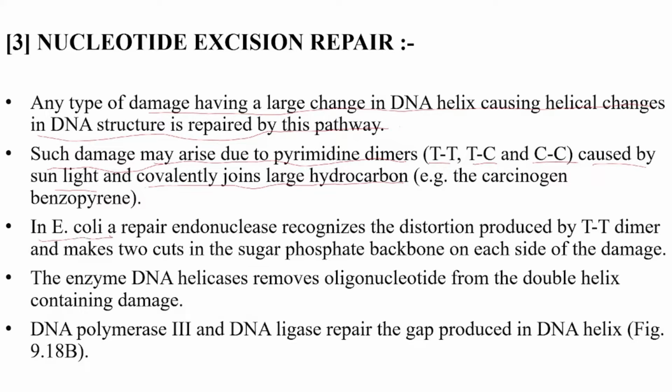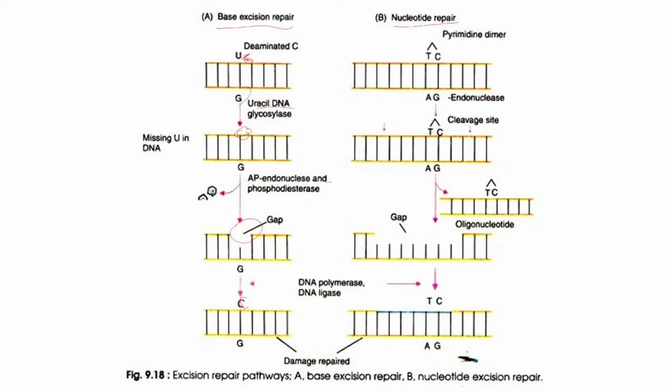In E. coli, a repair endonuclease recognizes the distortion produced by the TT dimer and makes two cuts in the sugar phosphate backbone on each side of the damage. The enzyme DNA helicase removes the oligonucleotide containing the damage from the double helix. DNA polymerase III and DNA ligase repair the gap produced in the DNA helix. So what happens? This is one nucleotide.